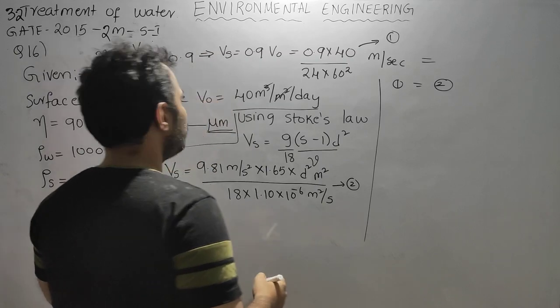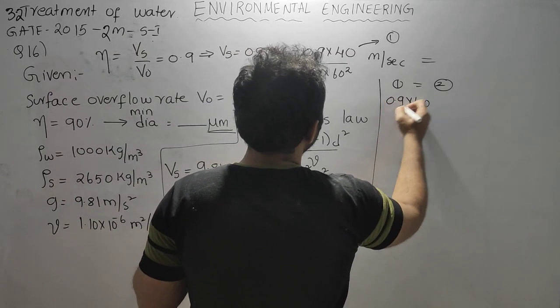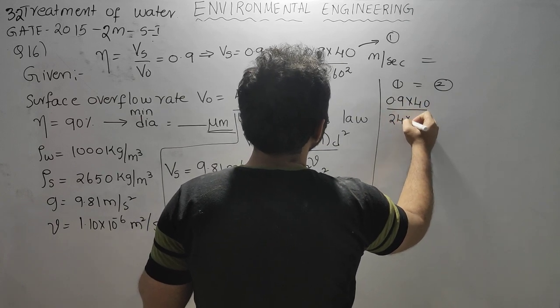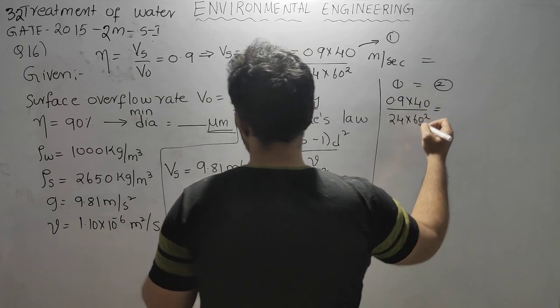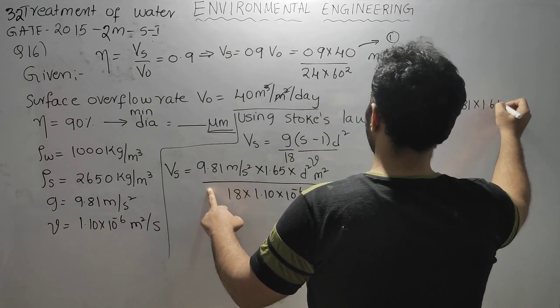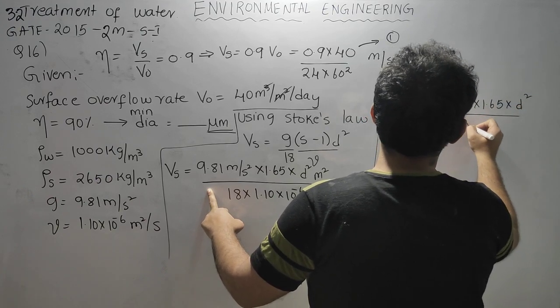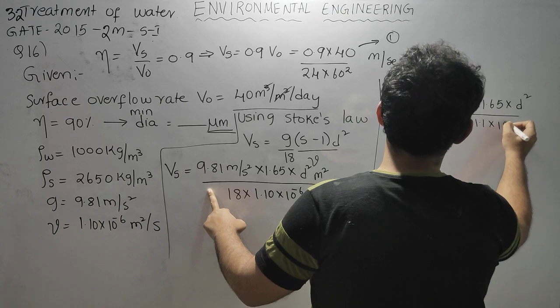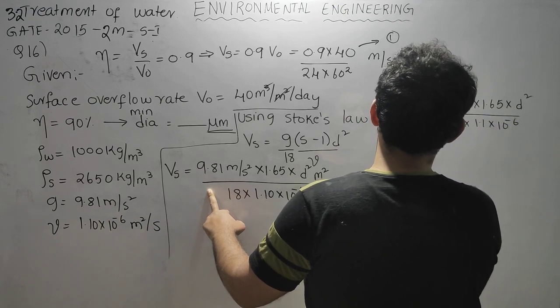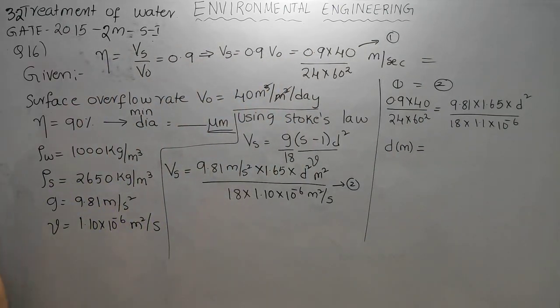So that means 0.9 to 40 by 24 into 60 square is equal to 9.81 into 1.65 d square by 18 into 1.1 into 10 to the power of minus 6. From here we will get d in meter, since both are in meter per second.